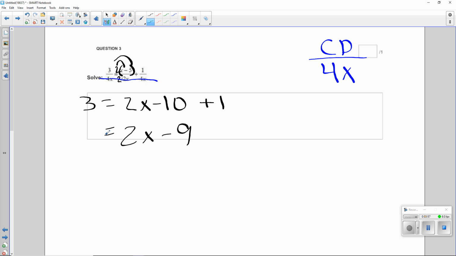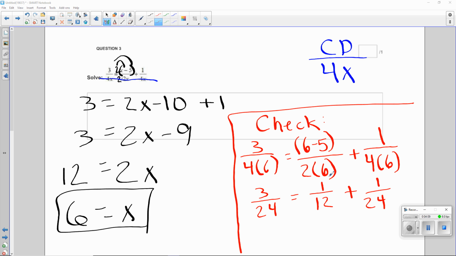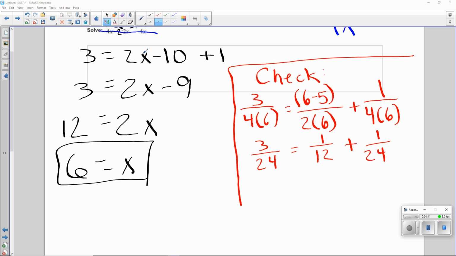And now it is a super simple equation. Don't forget to check your answer. So you can see here pretty quickly, checking your answer, this is going to work out. I might use a calculator to make this go a little bit quicker.